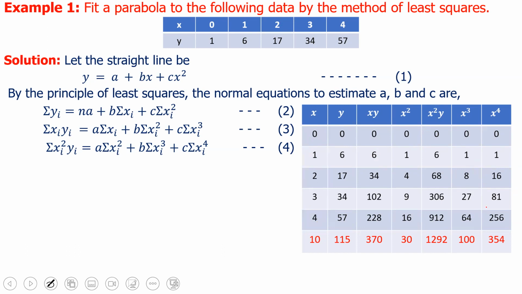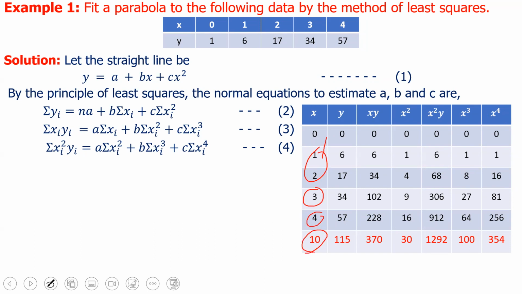Then the fourth power: 0 is 0, 1 is 1, 2 to the power 4 is 16, 3 to the power 4 is 81, and 4 to the power 4 is 256. Now adding all this, 0 plus 1 is 1, 1 plus 2 is 3, 3 plus 3 is 6, 6 plus 4 is 10. So we have 10.